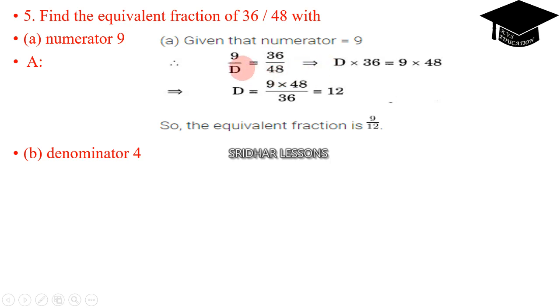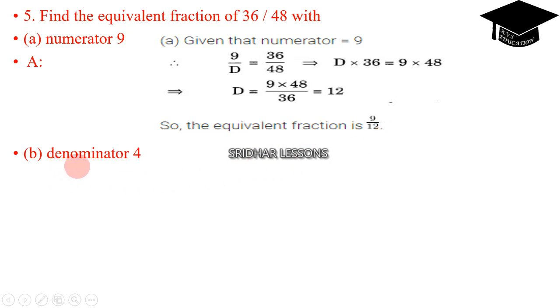This implies d into 36 is equal to 9 into 48. That means d is equal to 9 into 48 by 36. By further simplification, its value is 12. So the equivalent fraction is 9 by 12.